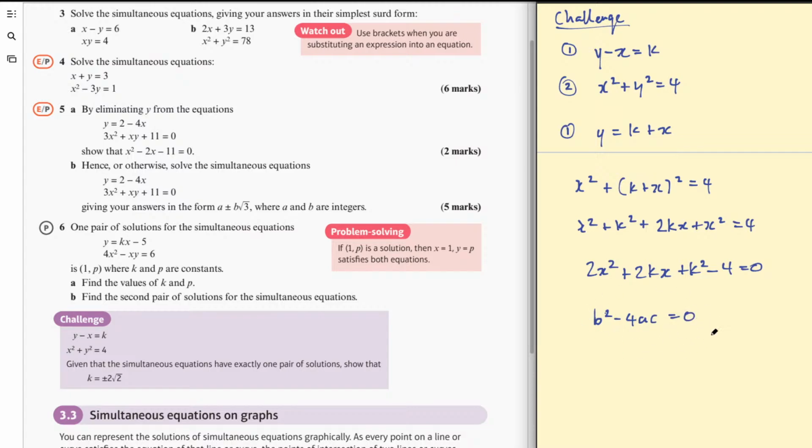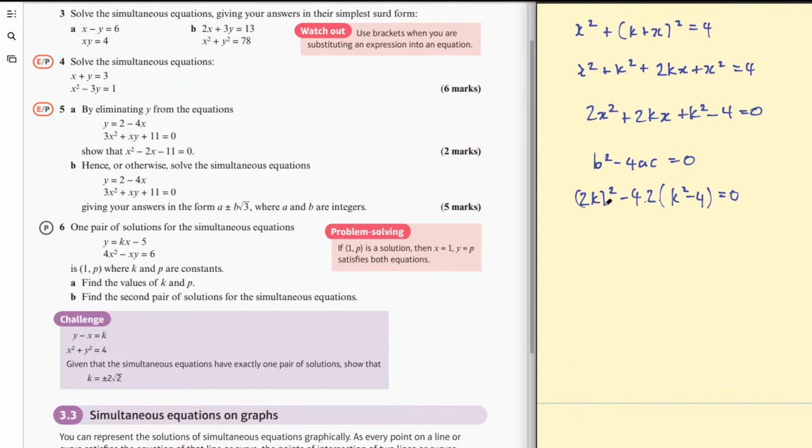So I have a feeling we're going to be able to use this fact in order to help us solve this. So firstly, b is 2k, so this will be 2k all squared, take 4 times 2, a is 2, and then c is k squared take 4, equal to 0.